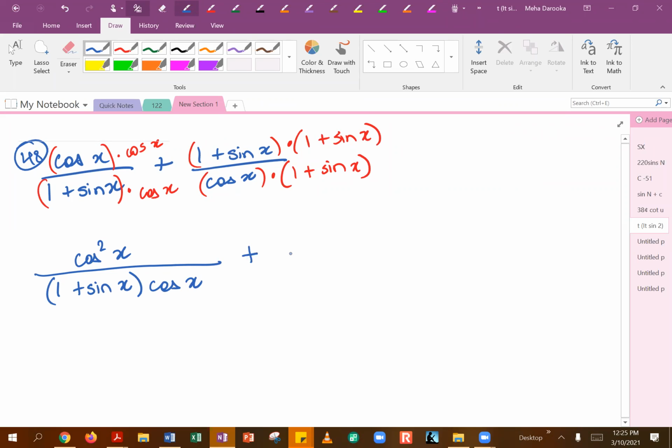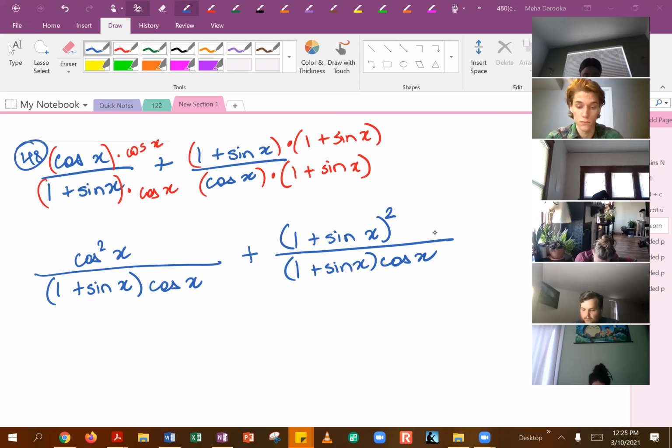And then on the right-hand side fraction, we are taking 1 plus sine of x and multiplying it with itself, so I'm just going to put the square on the outside for now. And our denominator will again be 1 plus sine of x multiplied with cosine of x. So now you will see our denominators are the same, but of course we've got to clear out our numerators.